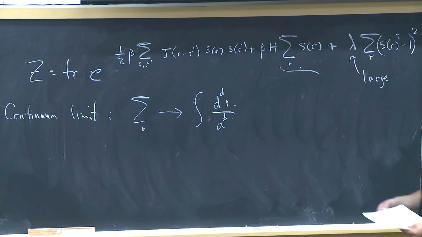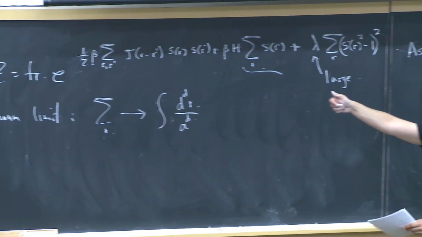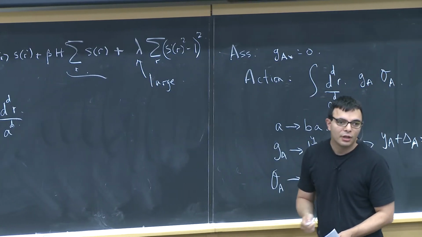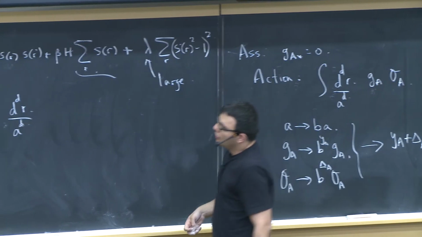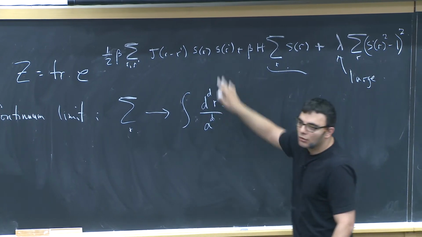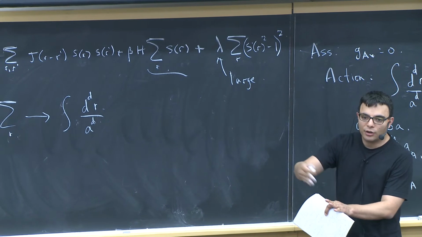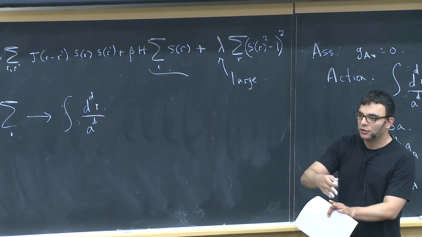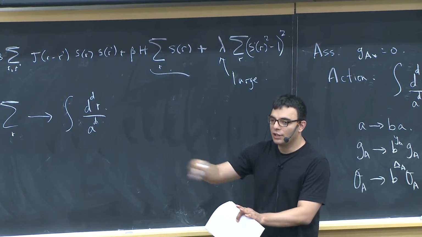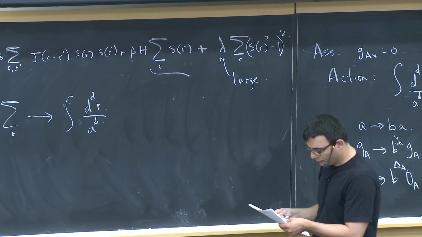So to a first approximation, we can just assume that J is like a delta function. Then this sum would also become an integral, and the correction to it would be a gradient expansion in the field s. So we go from the discrete variable s defined at lattice sites to some continuum variable s defined as a function of position. Okay?